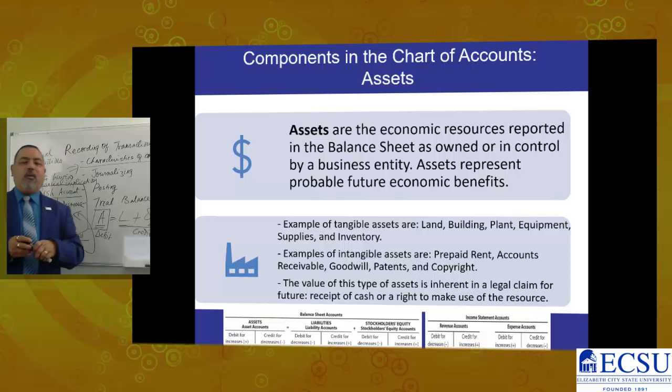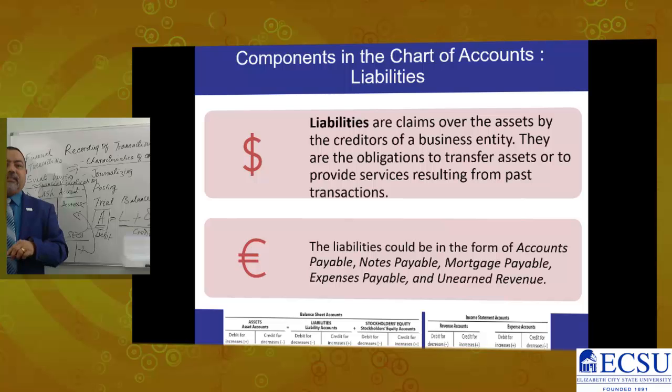Now, the value of these types of intangible asset is inherent in the legal claim for the future, either because we have a right to receive the cash or right to make use of the resource. So that would be prepaid rent, accounts receivable, goodwill, patents, copyright. All these will be considered as intangible assets.